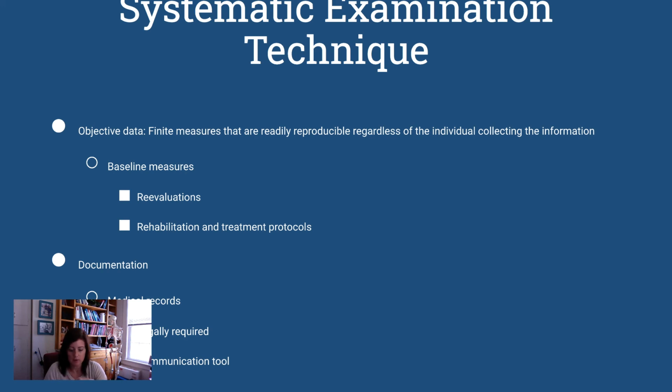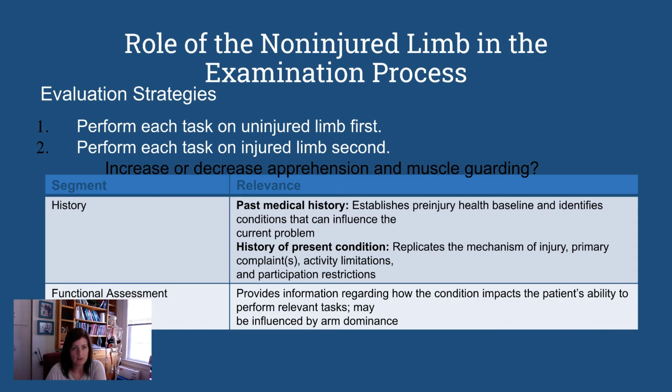You're going to want to document what you do. That's a medical or a legal requirement for us to document all medical procedures. So there's that. It is important to consider the role of the non-injured limb. And we may not see this quite as much when we're working with the spine, but this certainly applies to a lot of aspects of treatment.